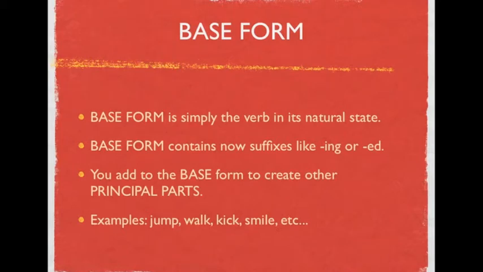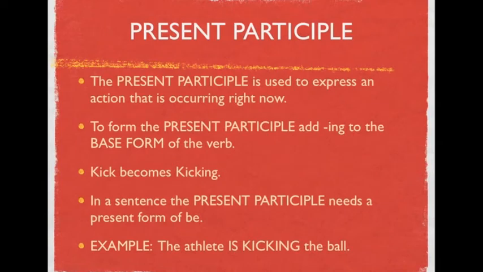Also, you can add to that base, and that's how you create those parts. For example, you have jump, walk, kick, smile. That would also be an example of your present tense. But in order to create any other tense, you have to add things to those words, and that's how you can do that.